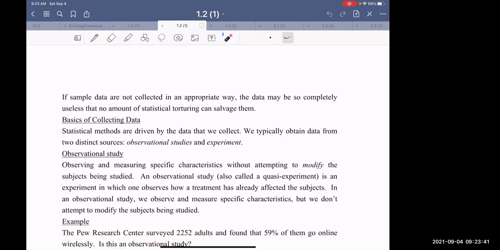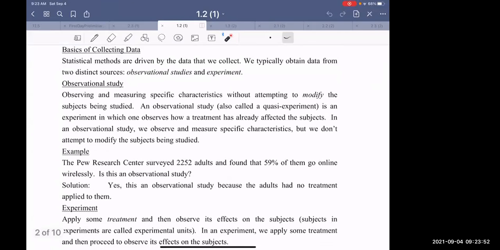Is this an observational study? Did we do anything to them? The answer is no. So yes, this is an observational study because the adults had no treatment applied to them. You were just finding how many of them go online.